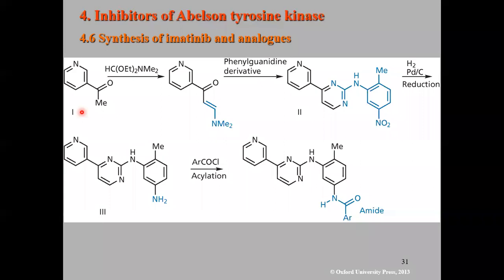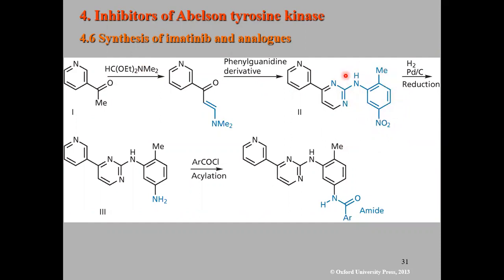The first step, or actually, sorry, the first and the second steps, those two steps are just to introduce the first anilino group, or the central anilino group, this one.